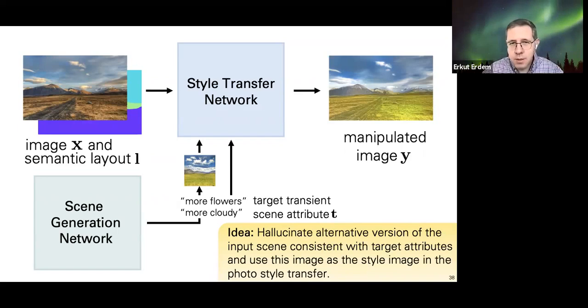So as a summary, the idea here is to hallucinate alternative versions of the image scene consistent with the target attributes. And once we have this image, we use that as a style image for the next photo style transfer operation.